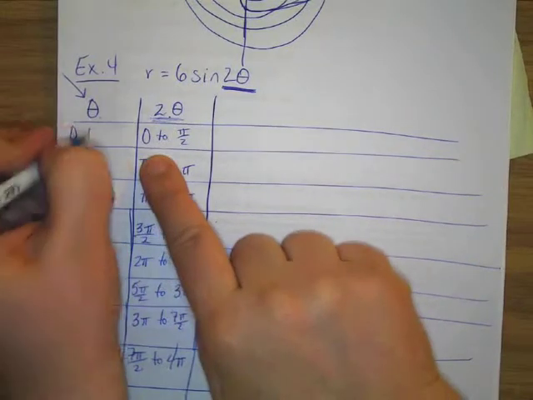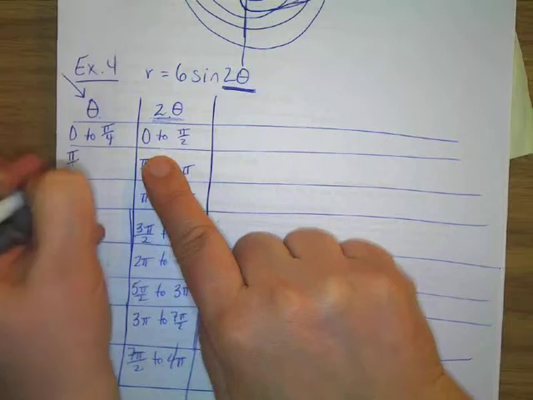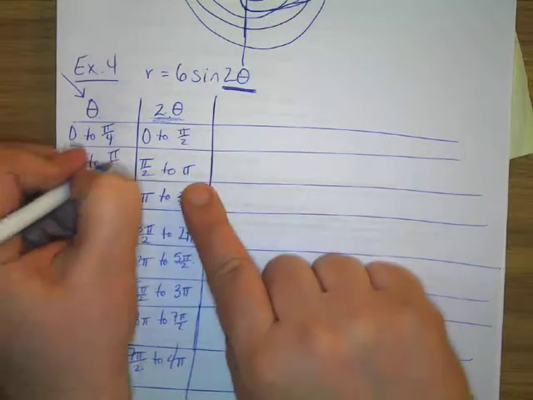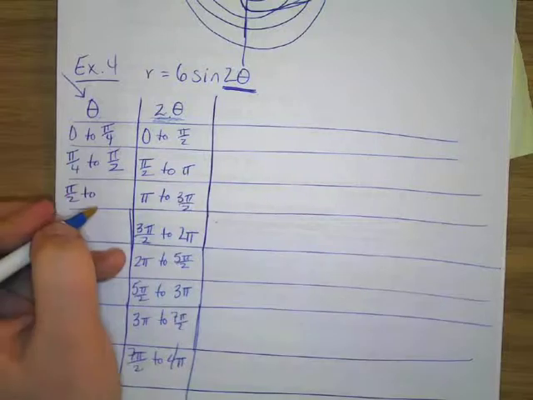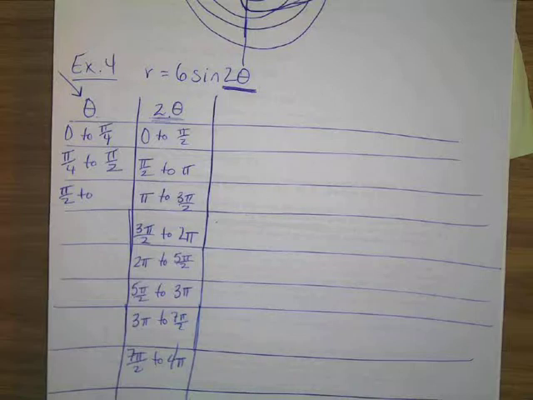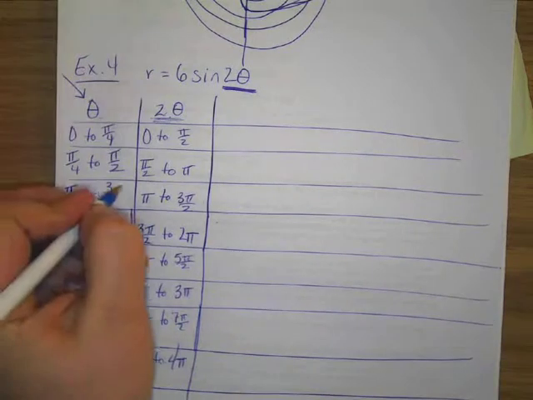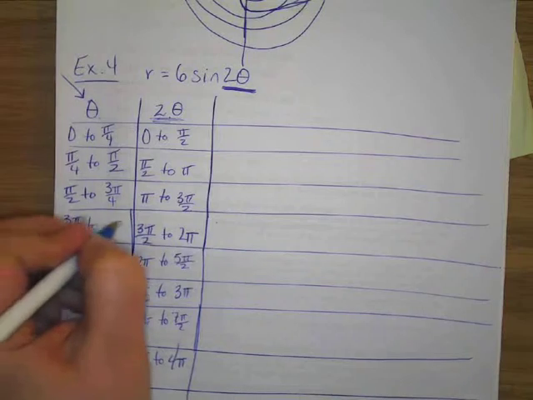So this goes 0 to pi over 4. And then pi over 4 to pi over 2. We're counting by quarters. We're going to plot in quarters instead of by the halves. And then this is going to be 3 pi over 4. 3 pi over 4 to pi.